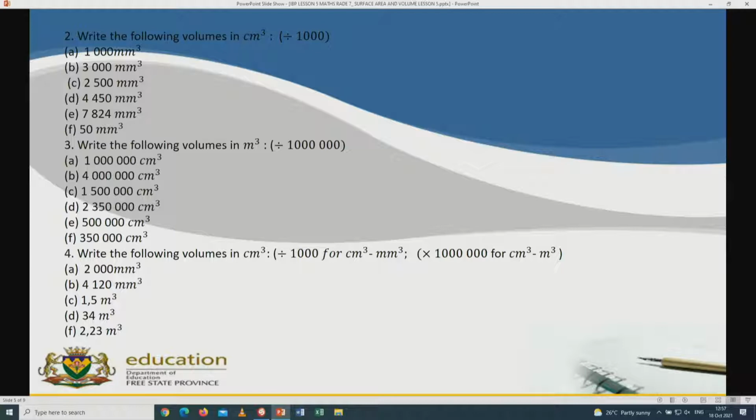So in A, it says 1000 cubic millimeters. I must take care of those units of measurement. Number 2 is saying 1000 cubic millimeters will be equal to how many cubic centimeters?